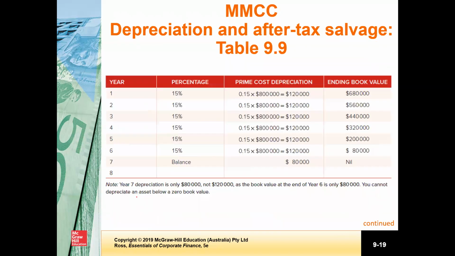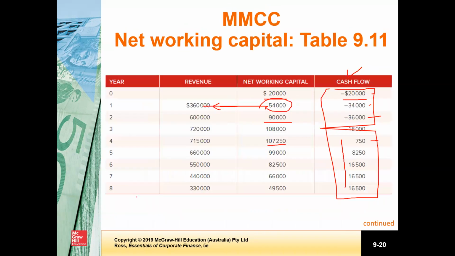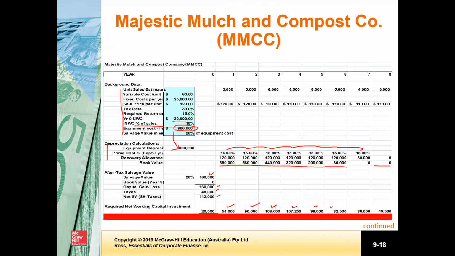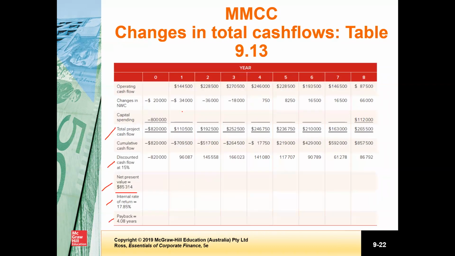And if you think about the required rate of return, our required rate of return is 15%, and here our IRR is 17.85%. So since IRR is higher than the required rate of return or the cost of capital, the project should be accepted.